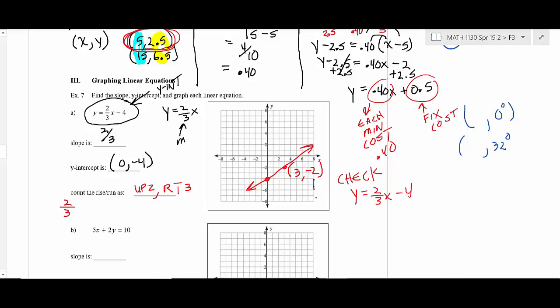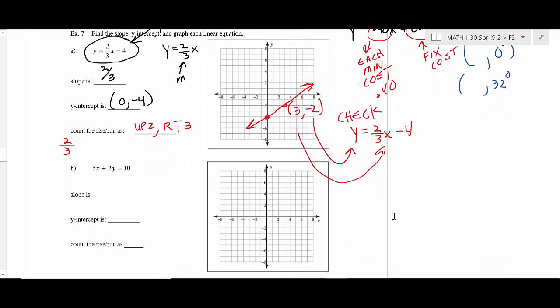You can just plug in: the y goes in there, the x goes in there. I'm not going to do the details of that, but it would check if you plug that in. Because that's what a graph is, it's a picture of all the solutions of that equation. So you could verify that (3, -2) is a solution of the equation. Any questions?